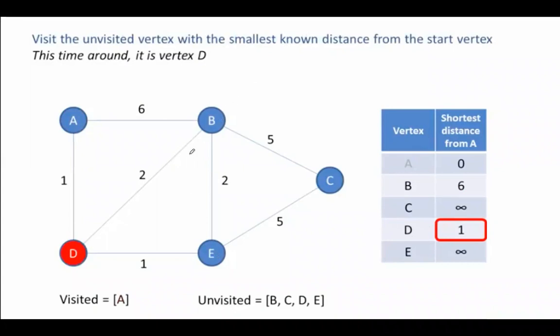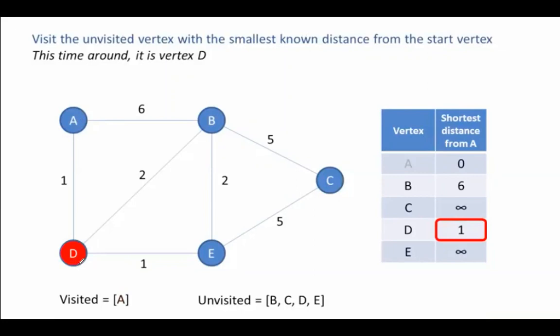You have to compute the distance. From A to D we have already reached. From D you find the distance to B, that is, from A's point of view.